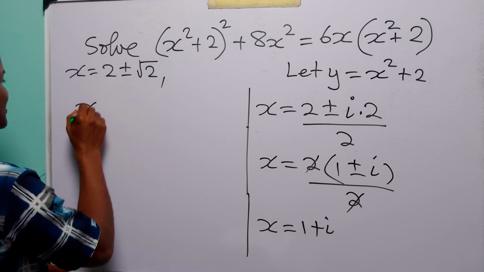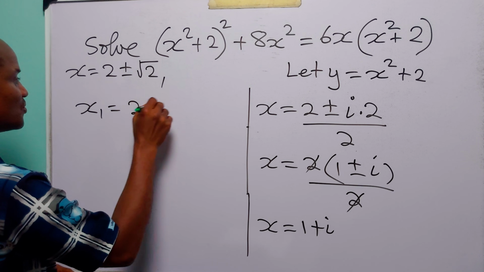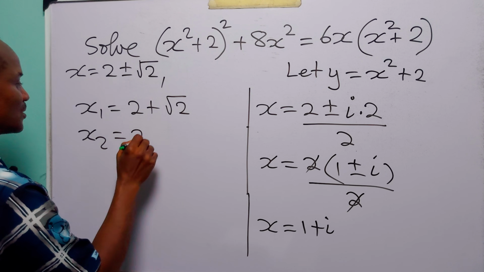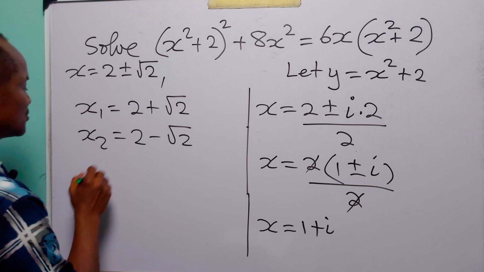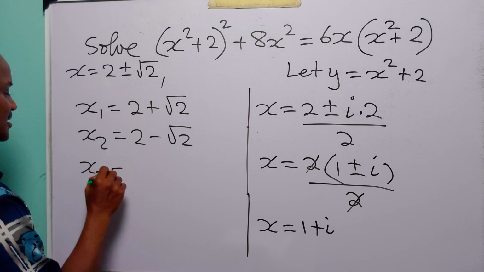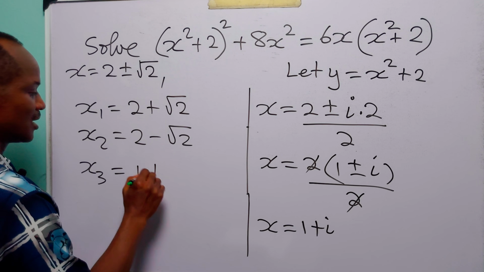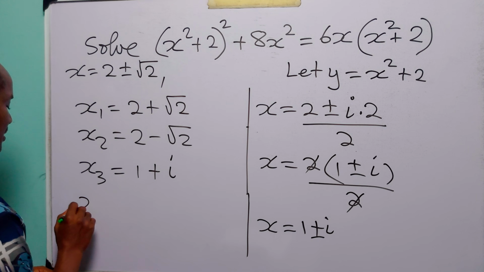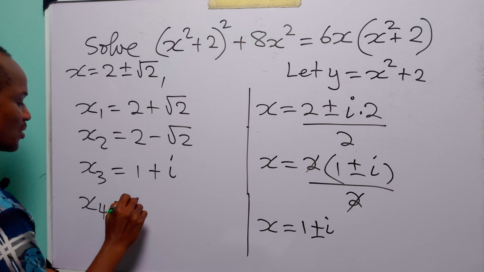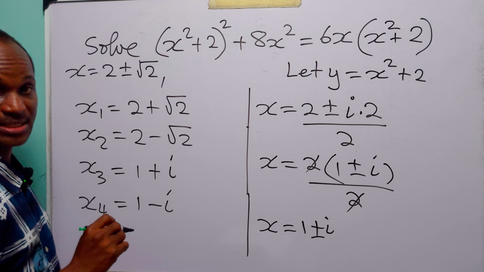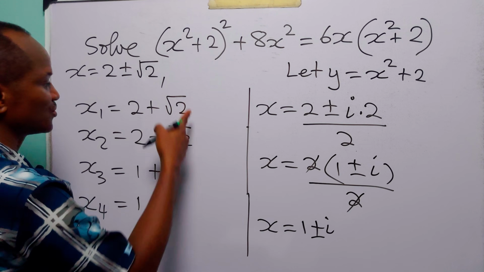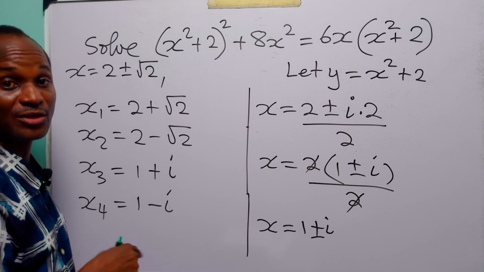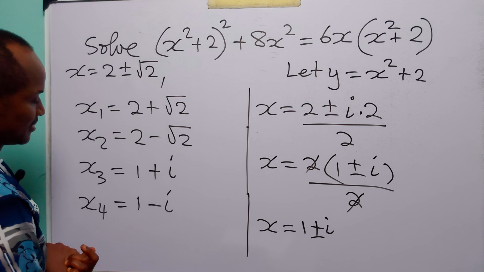We have that x is equal to 2 plus root 2. x is equal to 2 minus root 2. x is equal to 1 plus i. And x is equal to 1 minus i. Of course, you can see that 2 of the values are real, while 2 of the values are complex.